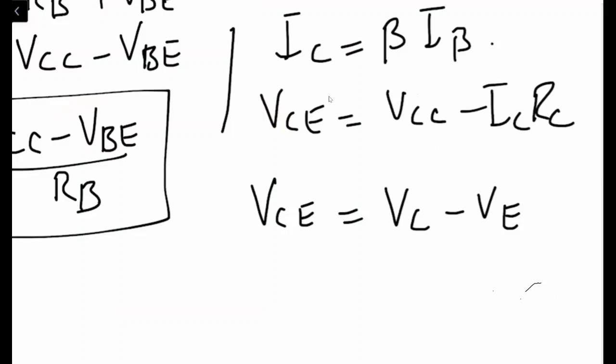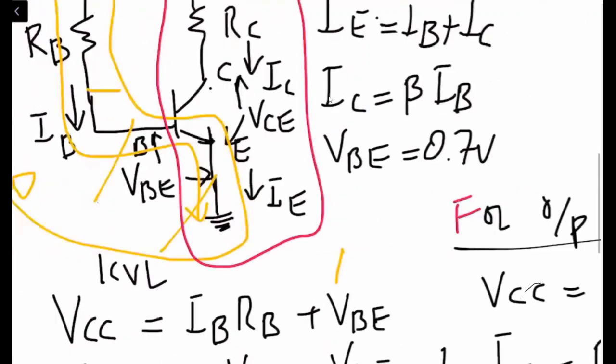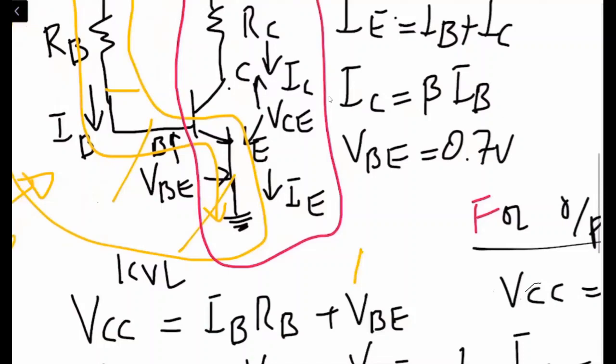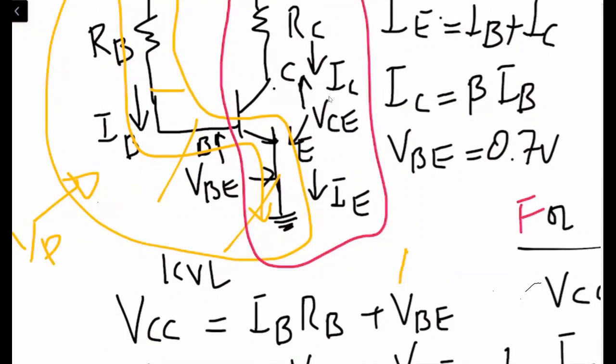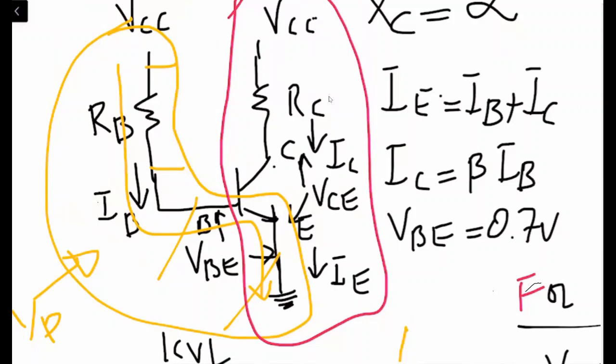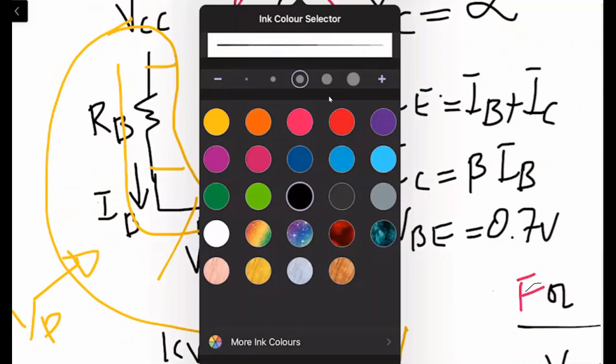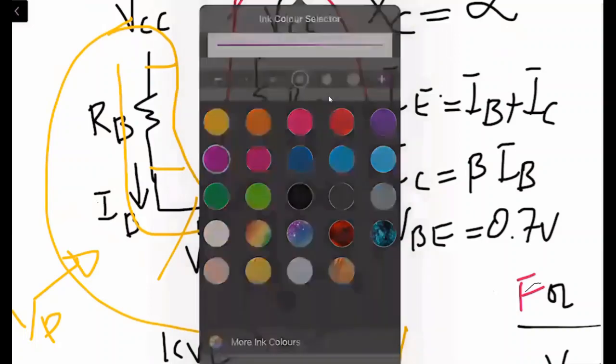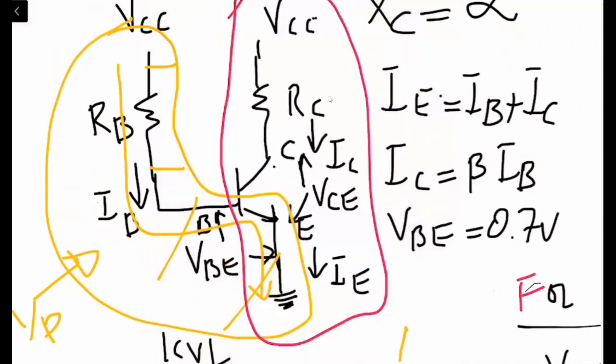Okay, if you see the circuit, over here we are taking the VCE. VCE means the difference of the potential between two points. The potential at the collector is VC.